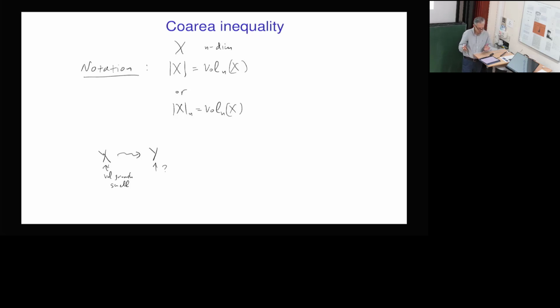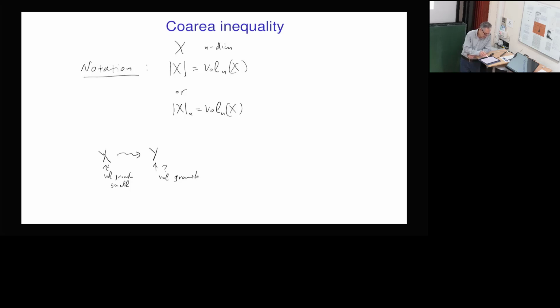Of course, it's easy to see that there is some polyhedron. You just chop the space in a lot of pieces, and then that's fine. But the problem is how to control the volume growth of y. Okay, the local volume growth of y. And I'm going to use the Koire inequality.